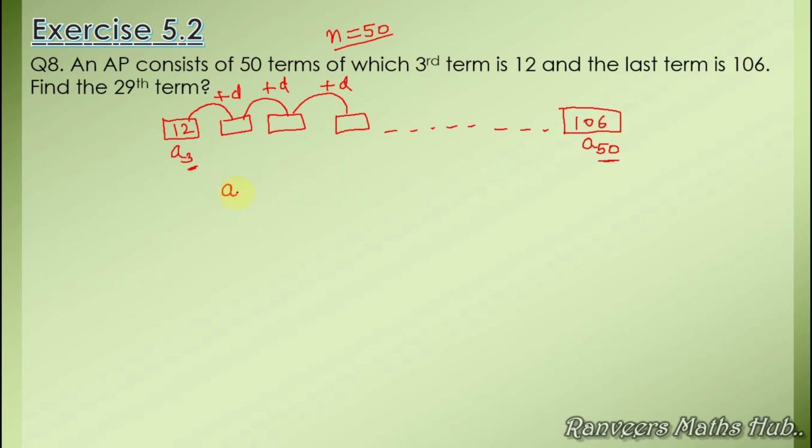So what I will do is write A50, which is equal to A3 plus, when you add d 47 times, you get A50. What is A50? It is 106. What is A3? It is 12, plus 47d. Here also we need the value of d. Shifting the 12, it becomes minus 12, so 94 is equal to 47d.